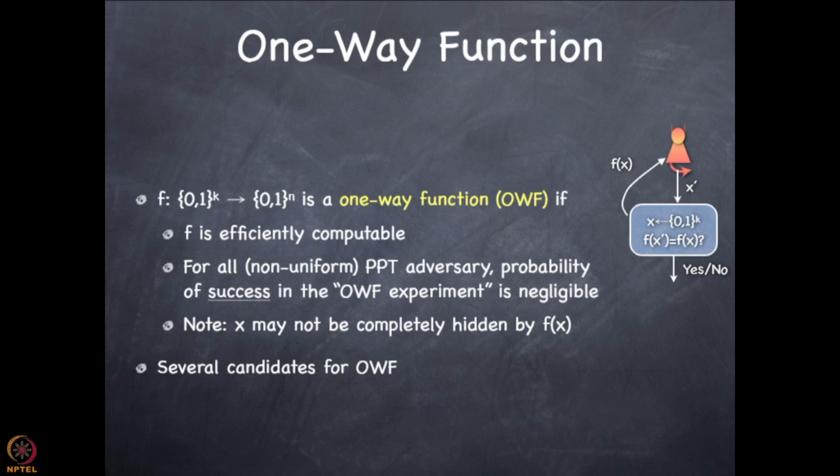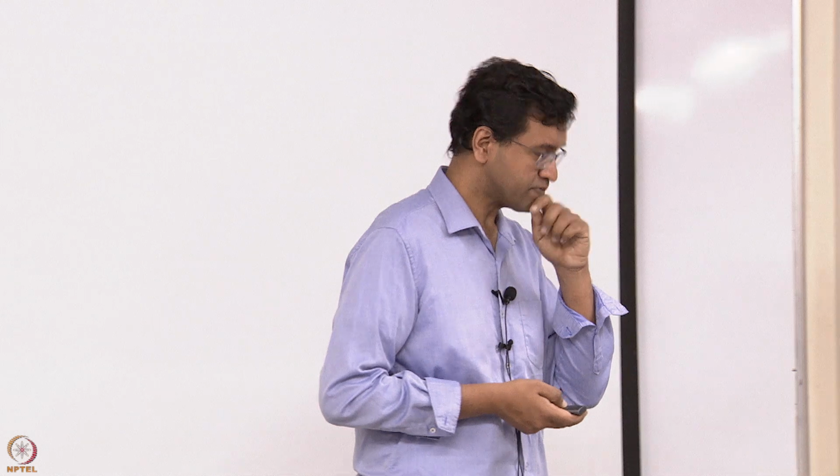It's not just that this is good enough for a PRF, but this is necessary. If you are going to have a PRG or a PRF, you need to have a one-way function. So it's exactly the kind of computational hardness that's needed to build a PRF or a PRG.